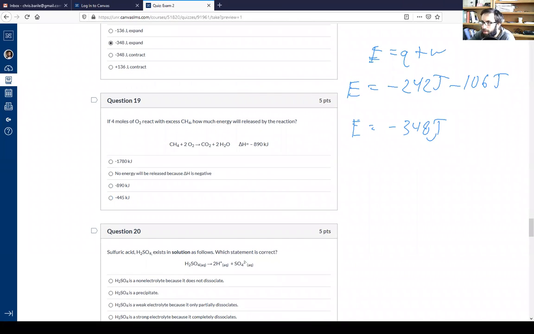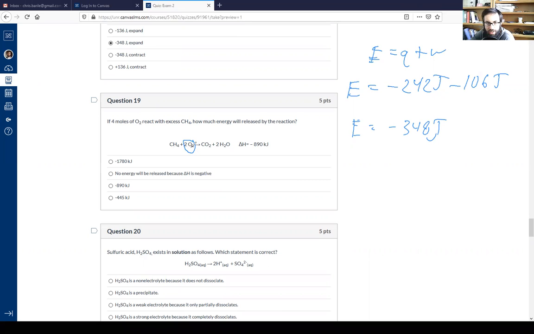If 4 moles of O2 react with excess methane, how much energy is released by the reaction? All right. 4 moles react with excess methane. Well, this reaction is for how many moles? It's for 2 oxygen. We have excess methane, so we know the limiting reagent is oxygen.